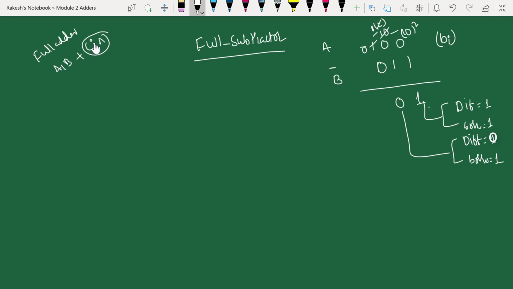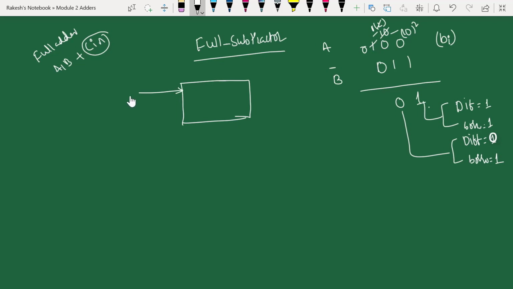When the 2 lower order bits are added, you get the carry. That carry is added to the next higher order bit. In the same way, when you consider the subtraction operation, you consider whether the bit is involved in the borrow operation or not with respect to the lower order bits. If it is involved, then you have to consider the borrow input also. That's why you have to take the borrow as an input also. That means your full subtractor will have 3 inputs.